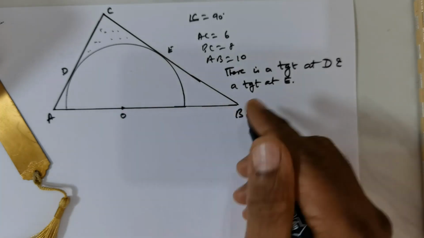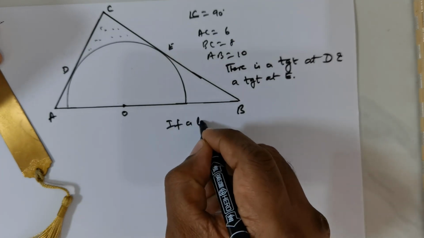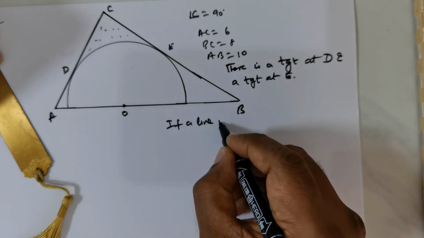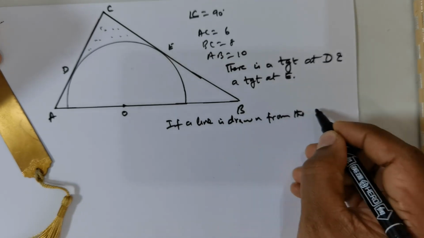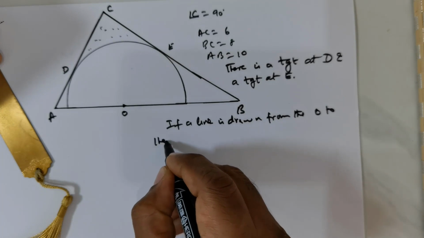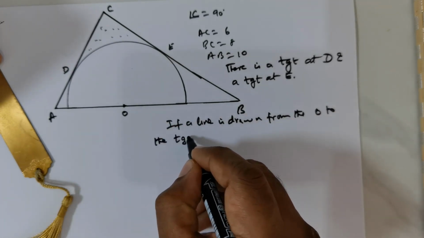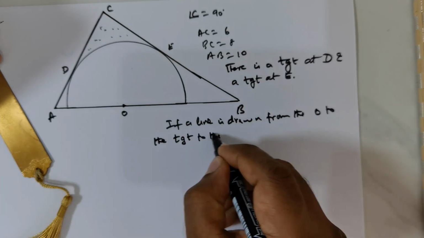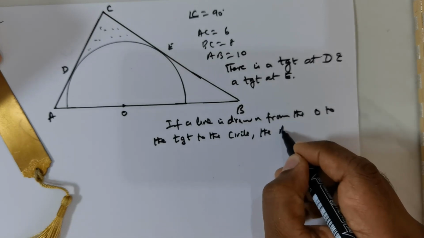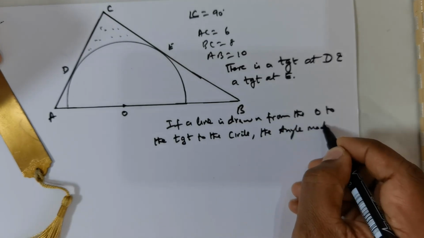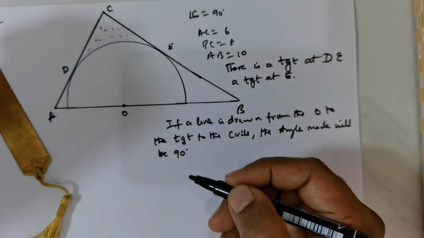Now the statement is, if a line is drawn from O, which is the center of the circle, to the tangent to the circle, the angle made will be 90 degrees.